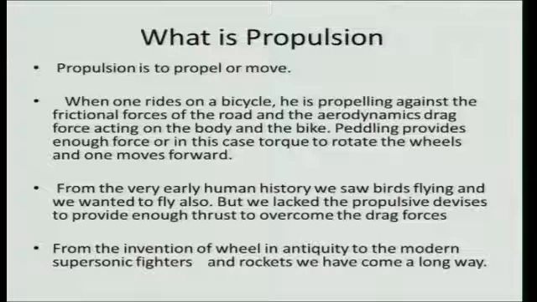If we look at the invention of the wheel in antiquity, till the modern supersonic fighters and rockets, we have come a long way, and essentially the development of human beings is because of these two inventions, so that we can move faster without expending a lot of energy. So, this is the crux of human development. Therefore, propulsion essentially takes inspiration from the basic need of human development.